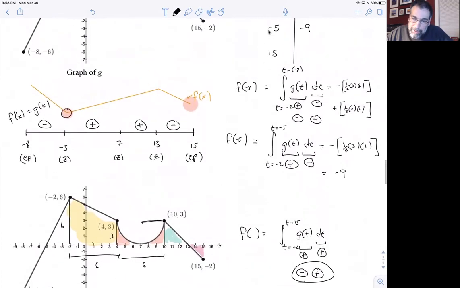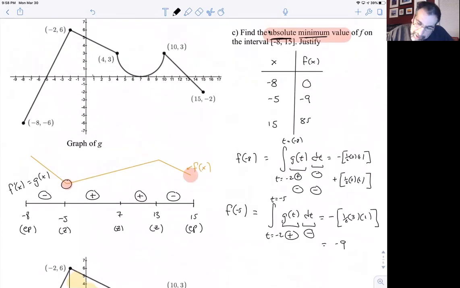So coming back up here, 85/2 minus 9 pi over 2. We are looking for the absolute minimum. So the only question is, since 0 is greater than -9, we know that's out. Is 85/2 minus 9 pi over 2 greater than -9, or is it less than -9? Well, we're going to do an estimate on this.